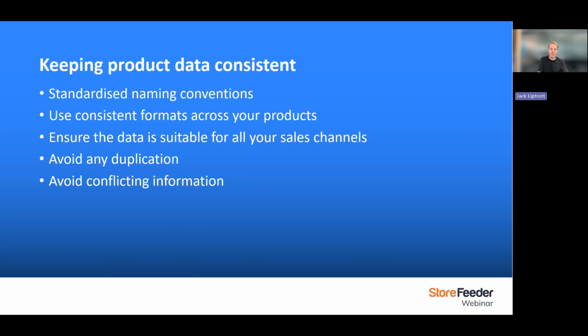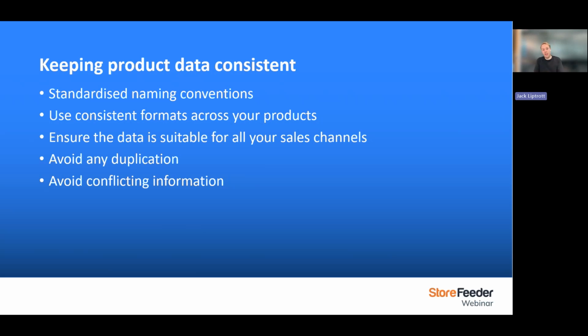So, ensuring that data is suitable for all your sales channels. Briefly mentioned at the start, but different sales channels have different requirements. So Amazon, eBay, your website, you'll have a lot more control of that. So you'll be able to say, well, this format's fine, I can use this.